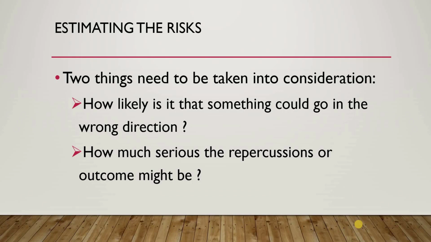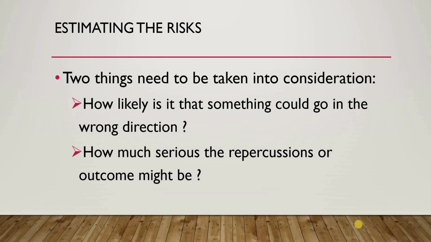We have to visualize this first, and if something bad happened, what are the repercussions or what is the outcome from that accident or incident. For example, if the repercussion is very high, then the outcome would be really dangerous.